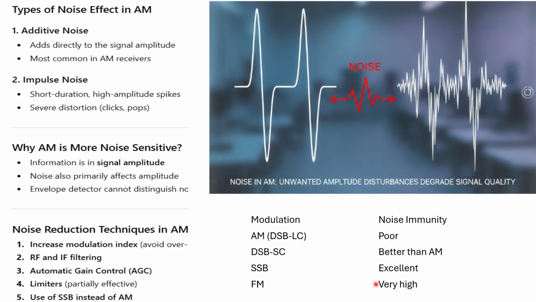Frequency modulation is extremely good, right? Because there is no amplitude information at all. Whenever it comes to amplitude, your noise will be very high, and whenever it comes to frequency, the noise will be less. So frequency modulation is always better in terms of noise.